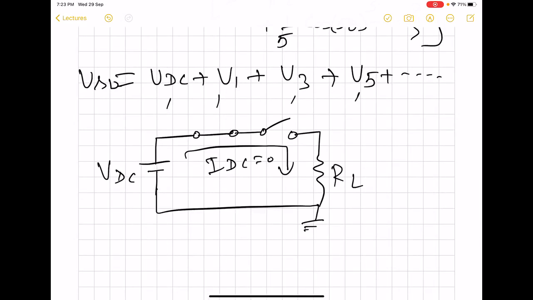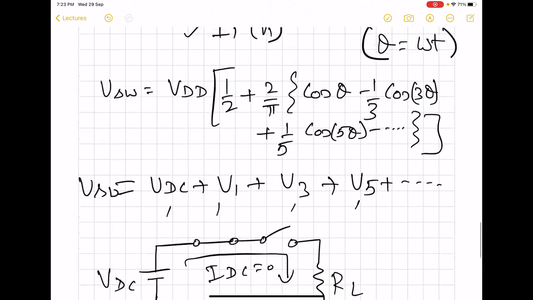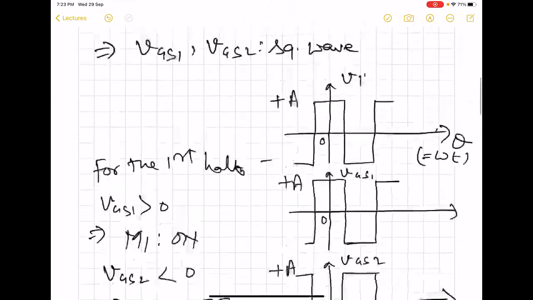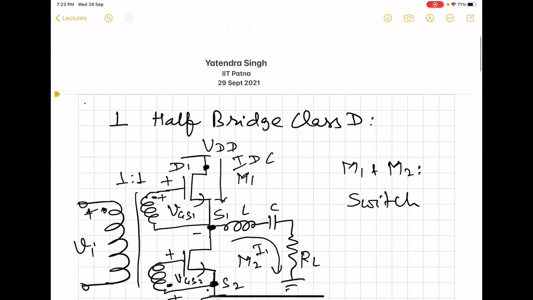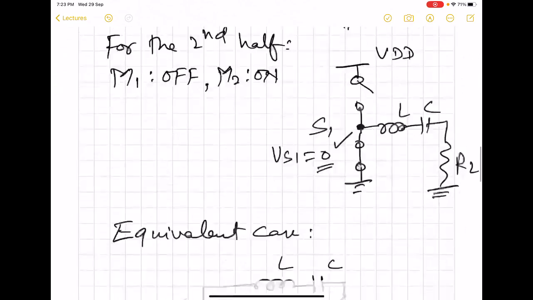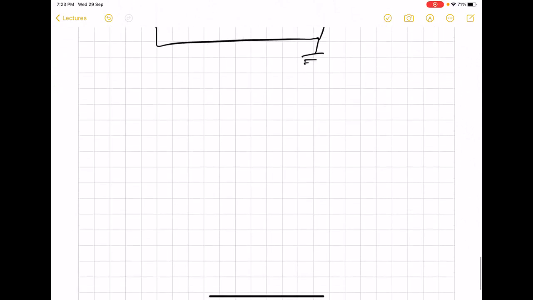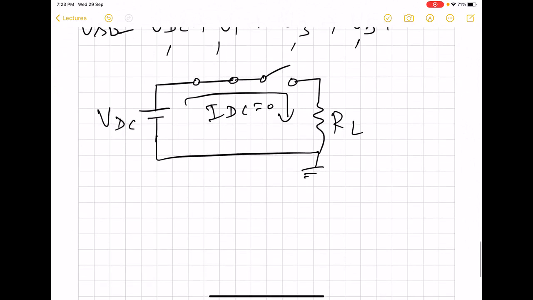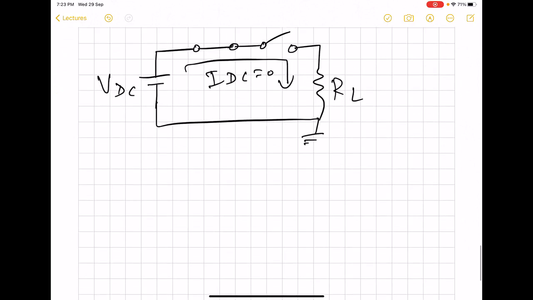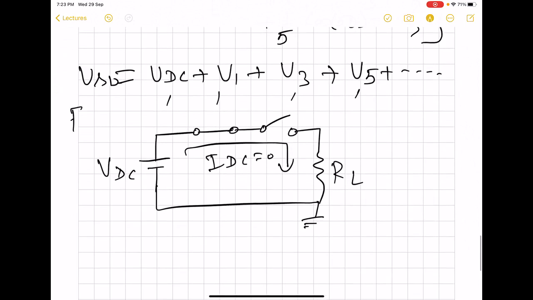This might pose the question of how we can have DC flowing from VDD, which we will use for finding the DC power drawn. We will come to that part later on. So there is no DC through the RLC network because of the capacitor. This is for the DC source.